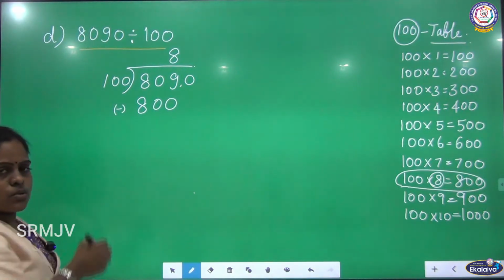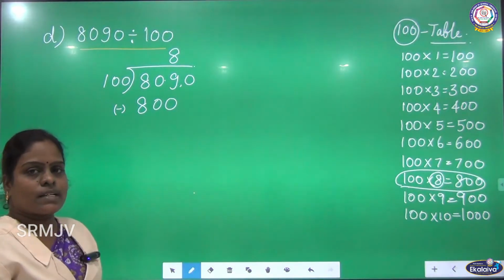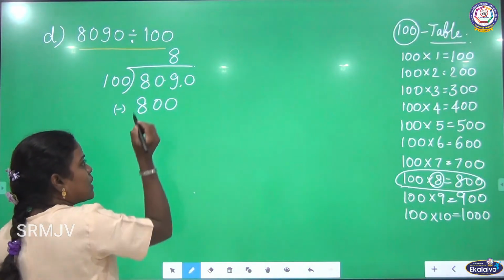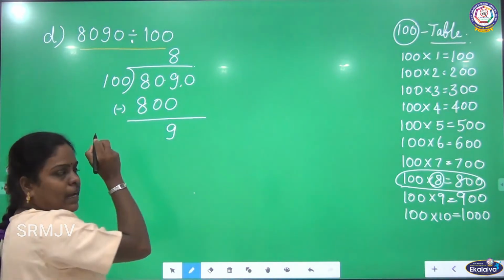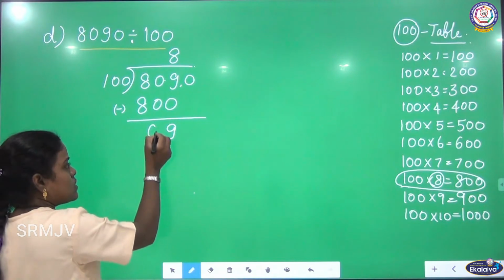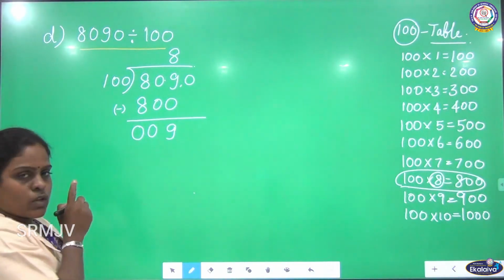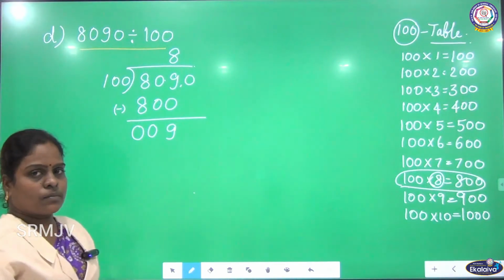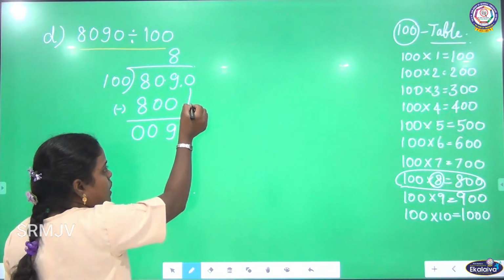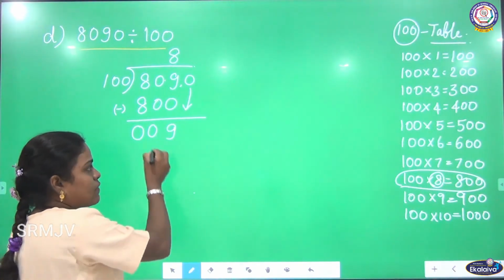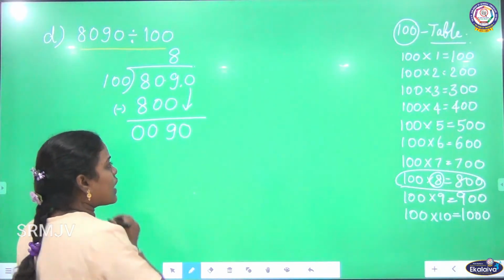Now subtract these two numbers. 809 minus 800. 9 minus 0, it is 9. 0 minus 0, it is 0. And 8 minus 8, it is 0. So now we have only 9. We are going to bring down the next number as the dividend is smaller than the divisor. So now we have 90.